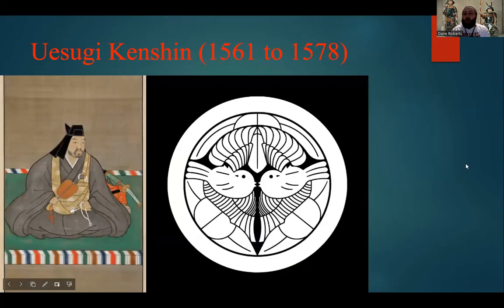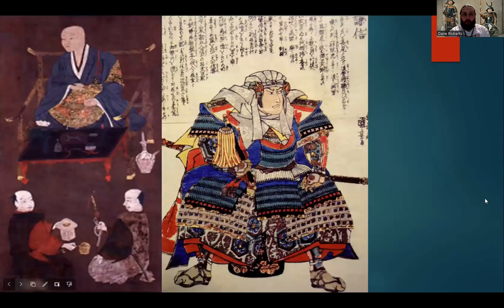So now we've talked about Takeda Shingen. Let's talk about his rival, Uesugi Kenshin. So Uesugi Kenshin ruled the Uesugi clan from 1561 to 1578 CE. And he actually spent much of his young life as a Buddhist monk.